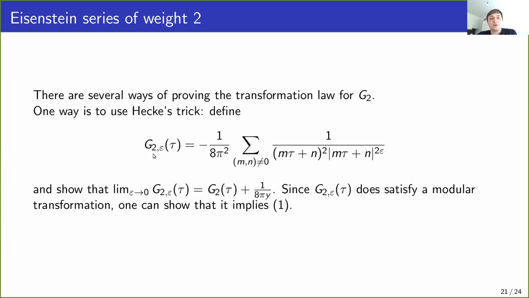Now this object G2 epsilon of tau, it's easy to see by the same proof as before, has a certain modular type transformation property. The only thing left is to connect it to the G2 of tau we have, and this is accomplished by this limit formula. One can prove that this limit is G2 of tau plus some correction term. Then using the transformation law, which is easy to prove, we recover a transformation law for G2, which turns out to be equivalent to the one I wrote before.